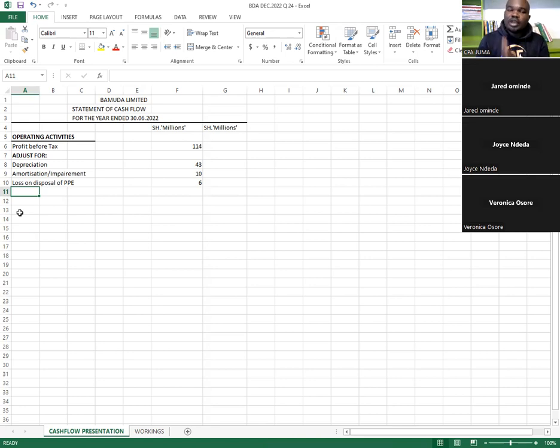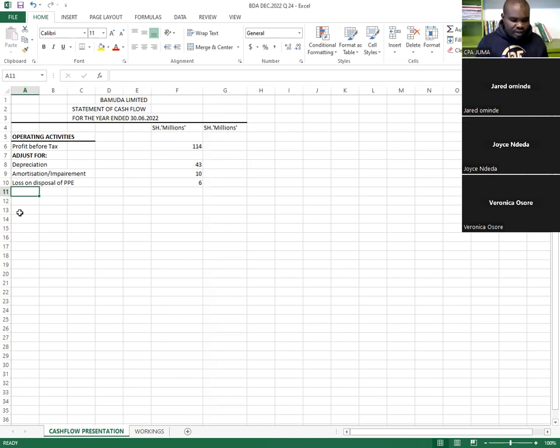The only ones you leave are cost of sales, administrative, and distribution, and by extension revenue. Those 4 are the only operations, the items we capture in daily operations. Any other item appearing before profit before tax, if it was added, you subtract. If it was subtracted, you add back.